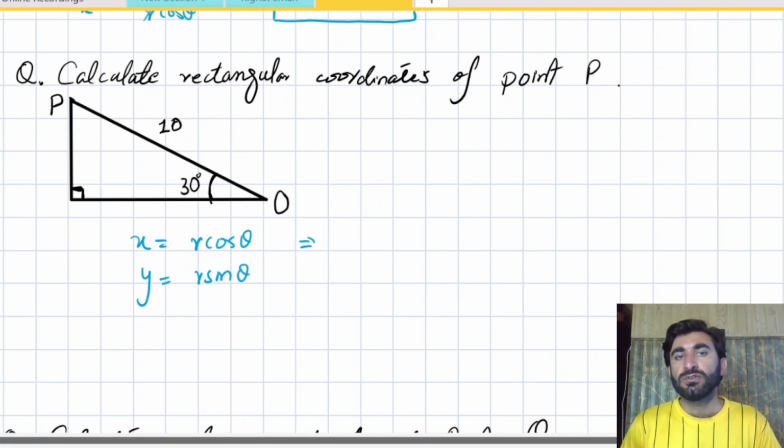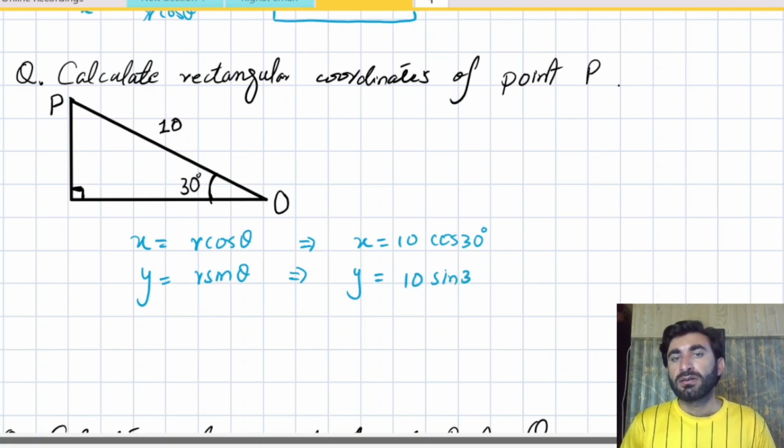Just putting the values over here, x is equal to 10 cosine of 30 degrees, y is equal to 10 sine of 30 degrees.